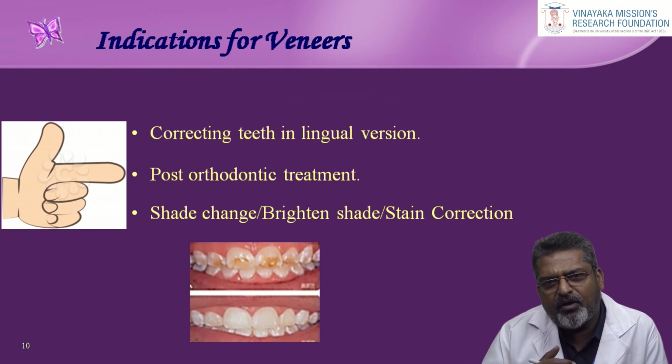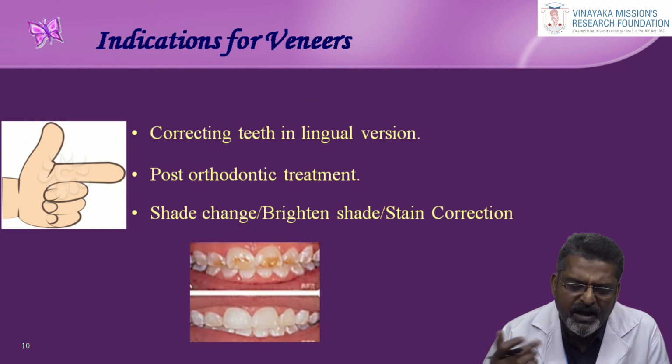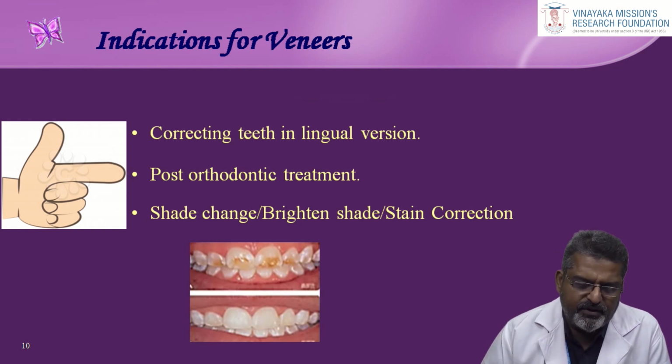The main aim of aesthetic dentistry is not to make it obvious, so it doesn't look artistic, and it should be more natural, right? So these are all the indications of veneers.